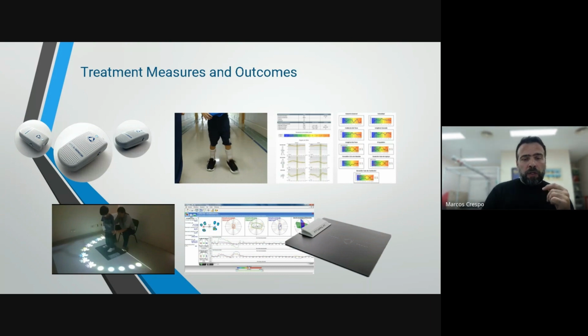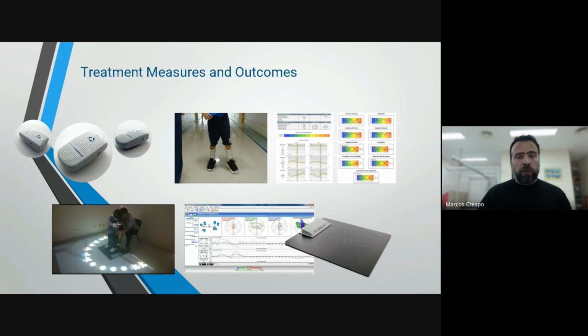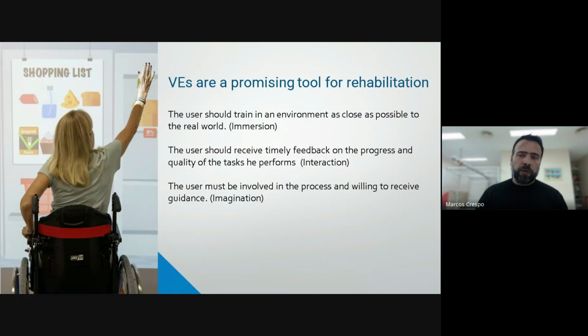And we use also PWalk as a plantar pressure platform to measure sway, the displacement of the center of pressure during the activities that I showed at the beginning of the presentation. So it's a good way to follow the evolution of the patient during the rehabilitation, and it helps us to get some numbers of the progress.